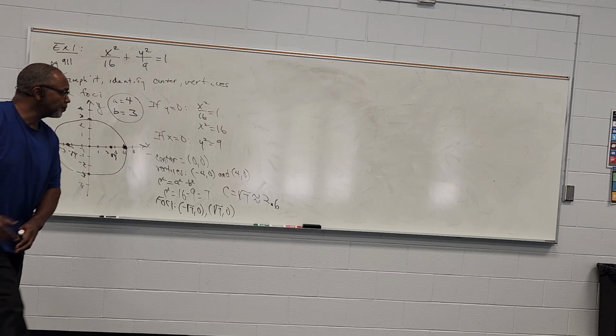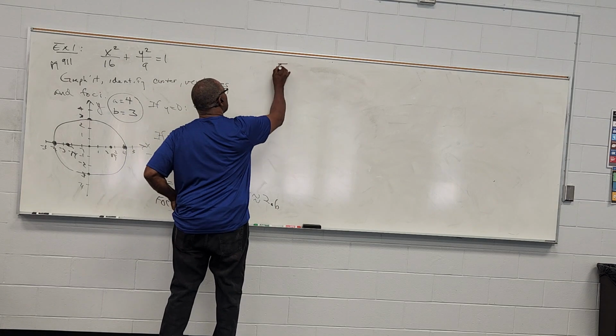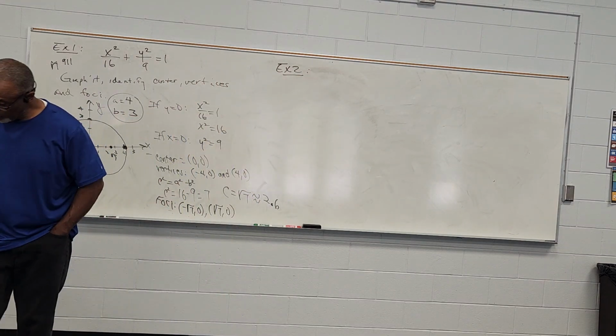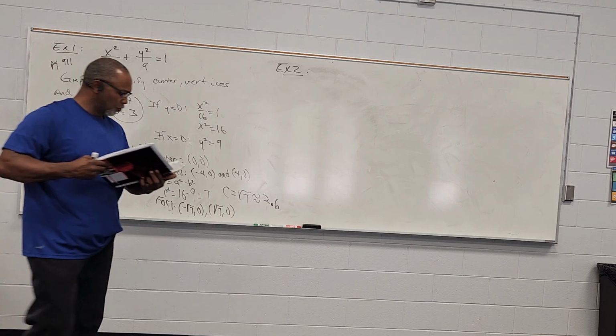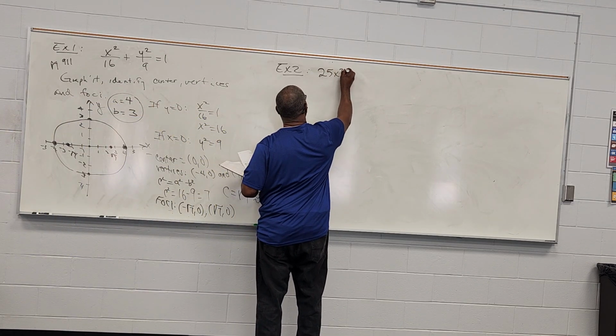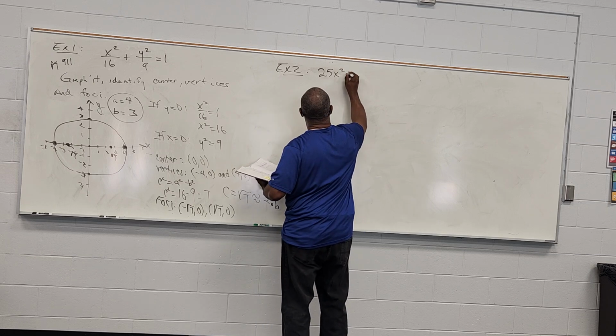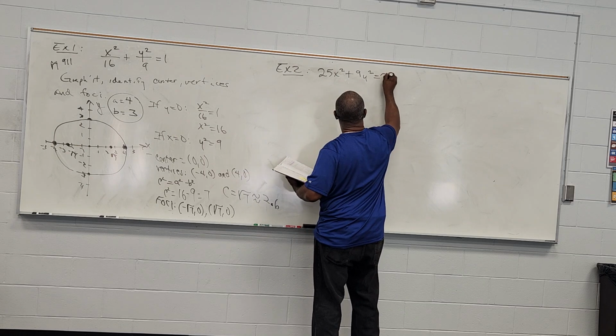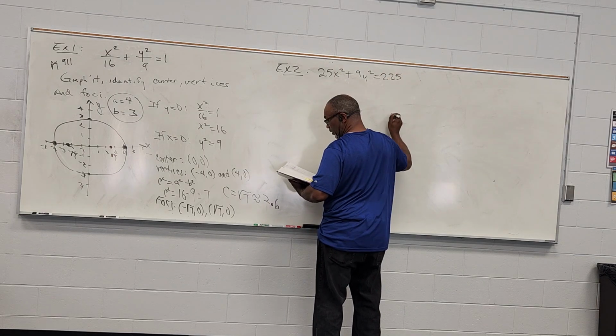Example two, on the next page. They say given 25x squared plus 9y squared equals 225, graph.